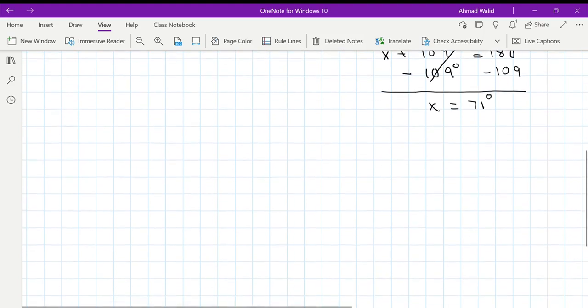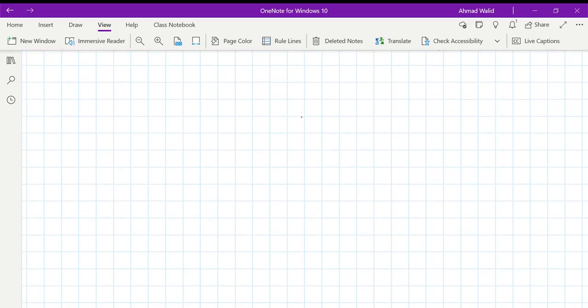Now, let's talk a little bit about types of triangles based on their angles, correct? Types of triangles.